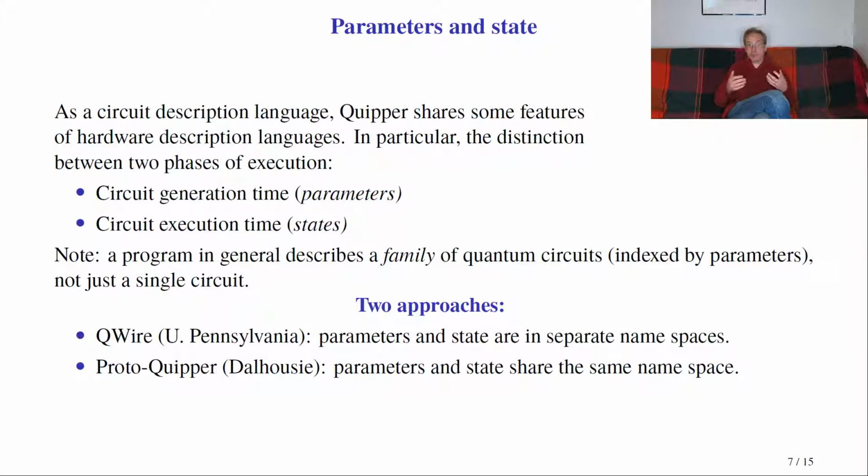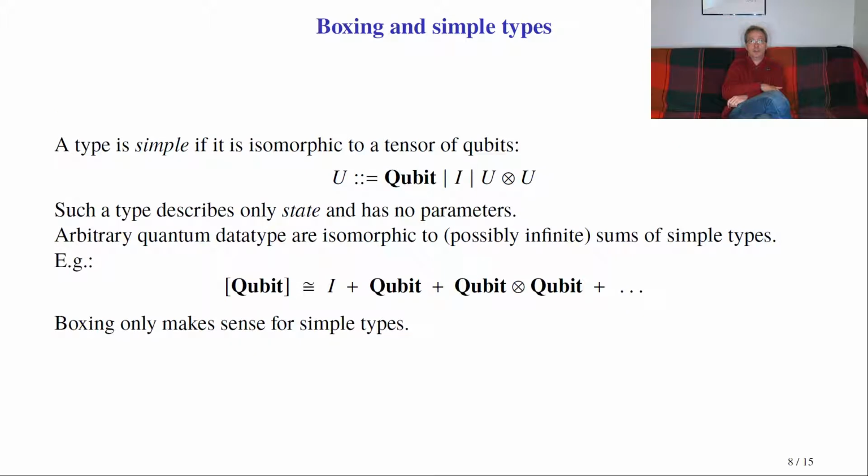So an example of this would be a pair of a qubit and an integer. Or, for example, a list of qubits, where the length of the list is known at circuit generation time, so that's a parameter, but then the actual state of the qubits in the list is only known at circuit execution time, so that's state.